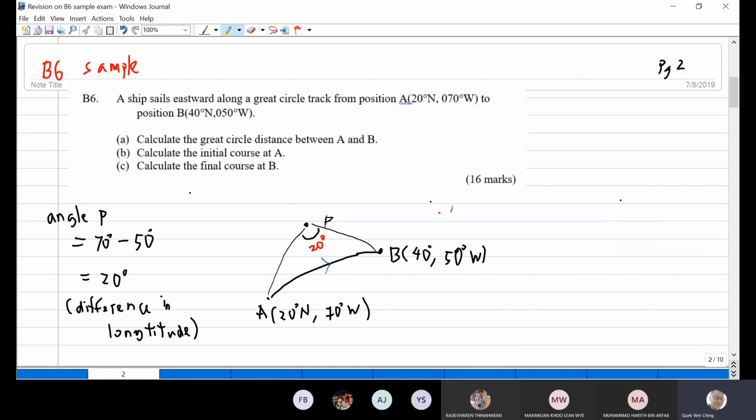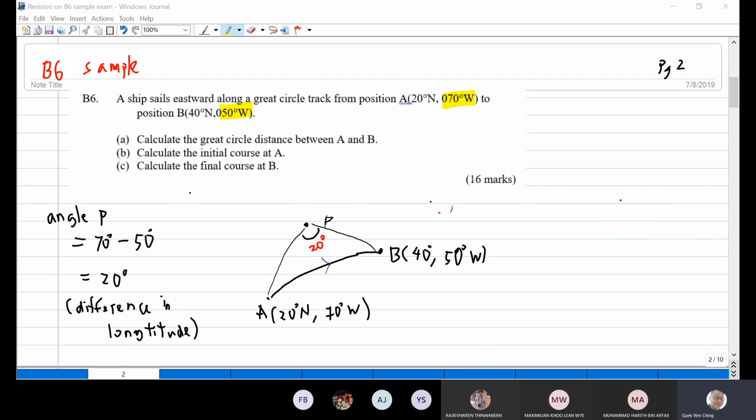So this angle P, this is 70 to 50, right? The difference is 20. So this is the difference in longitude, this angle P here. So this way you figure out the angle P for the North Pole.